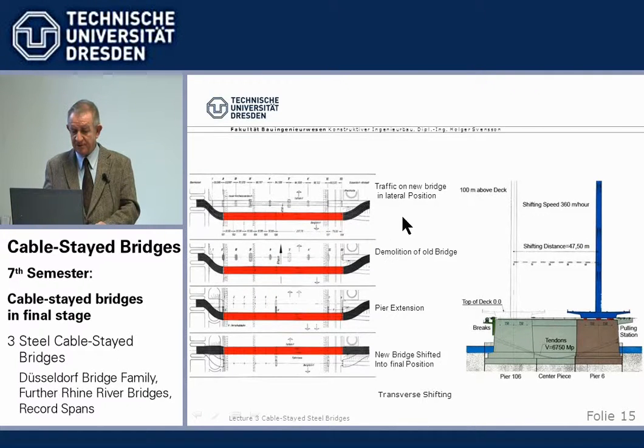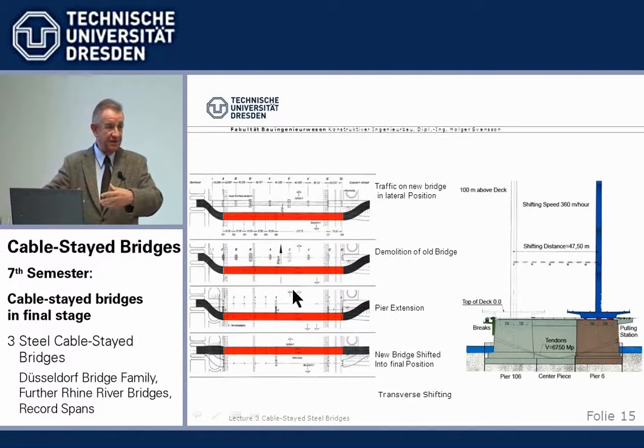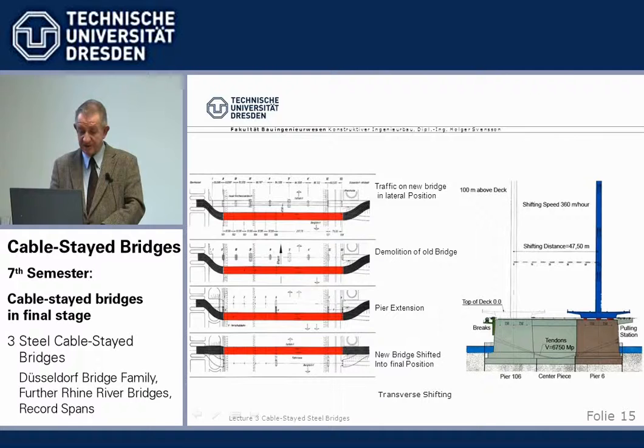The old is still in use. Then over a weekend, you can take the traffic around over the new bridge, demolish the old, then shift the new bridge transversely into the position of the old. There was no way of deviating. It's all tight inner city traffic there. And then finally you have the new bridge in place of the old one.